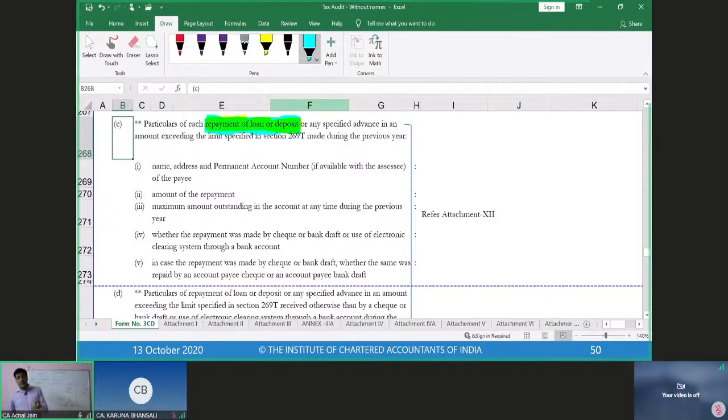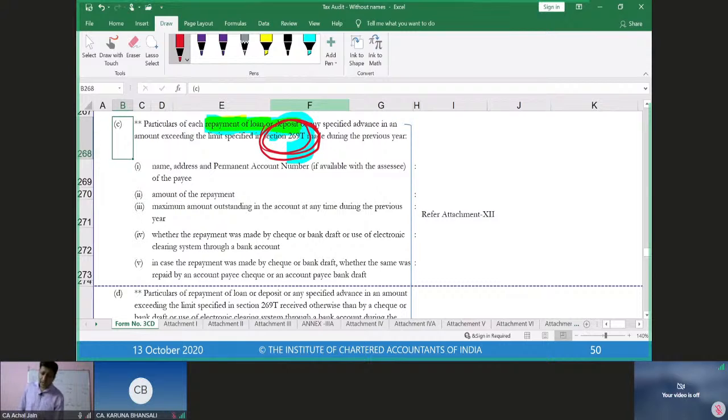Particulars of each repayment of loan or deposit or any specified advance in an amount exceeding the limit specified in section 269T. Because you may have a question, but sir, the repayments we were capturing in 269SS also, but this is about a different section. We are now talking about 269T, for which repayments are captured over here only.